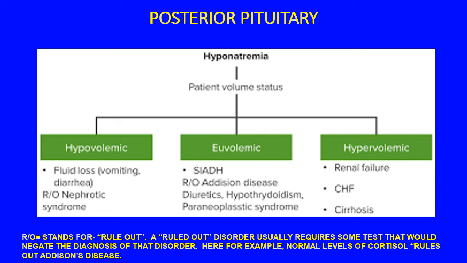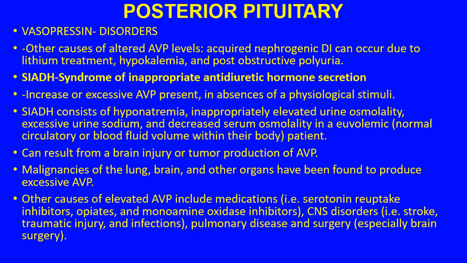Okay? Now, vasopressin disorders. I want to bring up these before we get into SIADH. There are other causes of altered AVP levels. Acquired nephrogenic DI can occur due to lithium treatment.